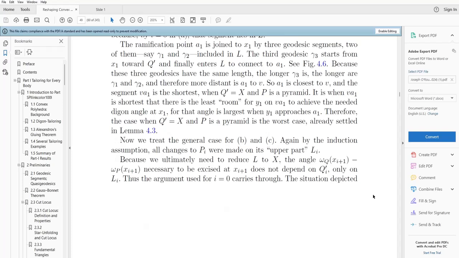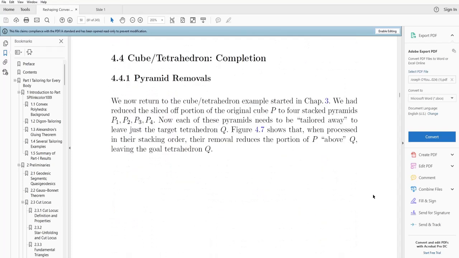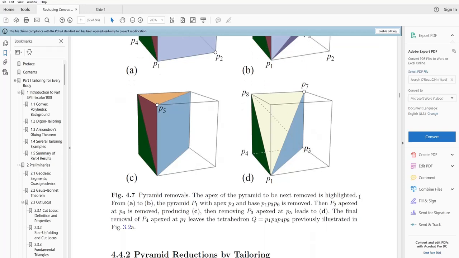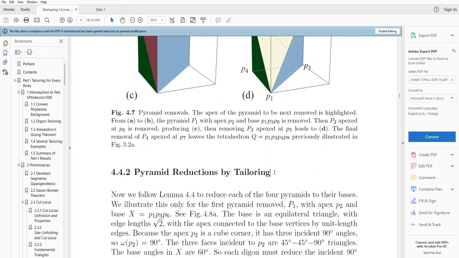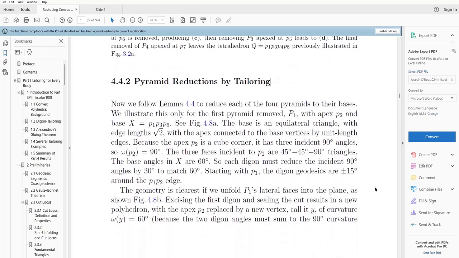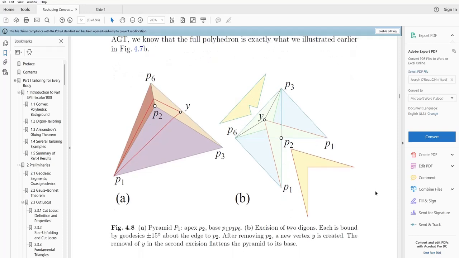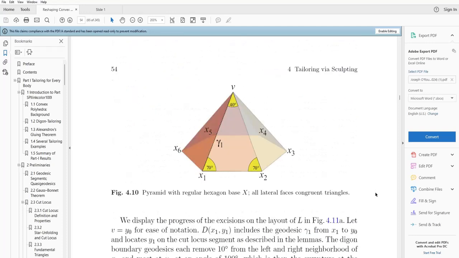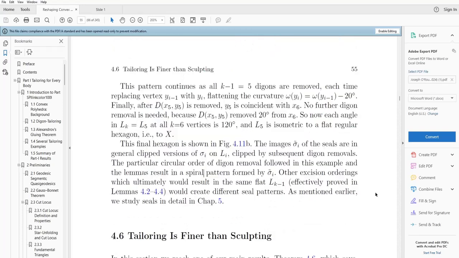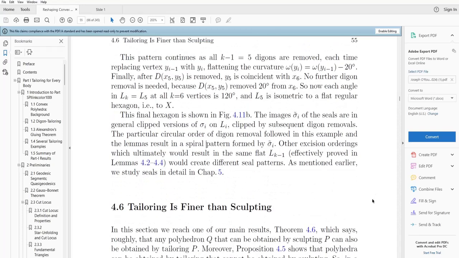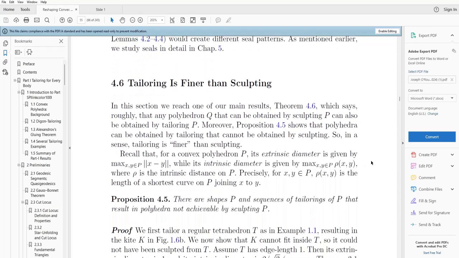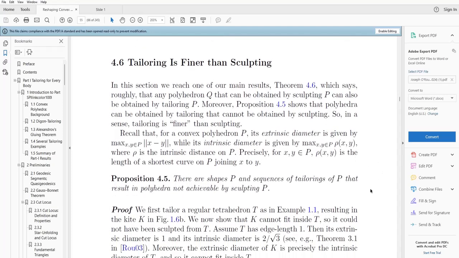Here it is claimed that real construction is a different thing: tailoring, cutting of line segments, straightening of line segments, making surface developments. These construction protocols are really important, and it is claimed that tailoring is finer than sculpting.